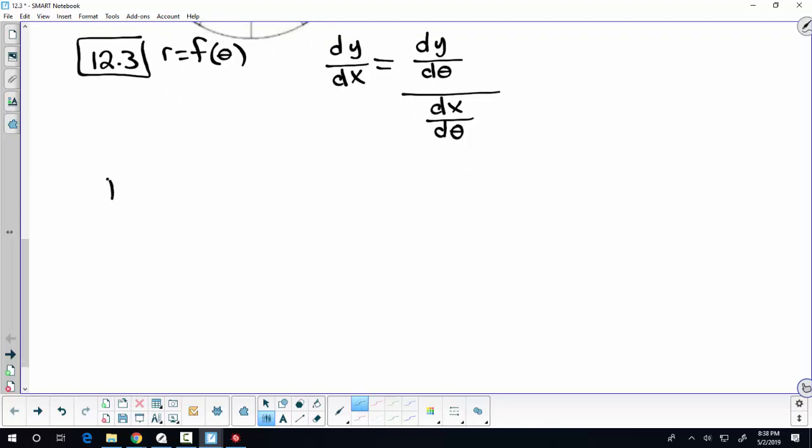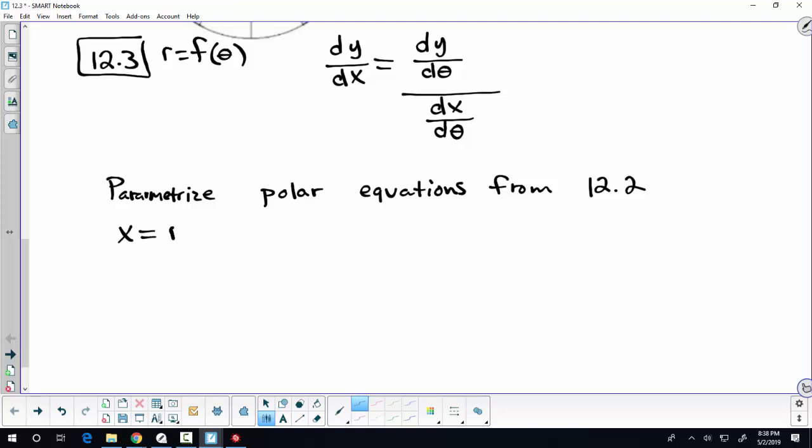So we're going to parameterize the polar equation from 12.2, where we had x equals r cosine theta and y equals r sine theta. So there's x represented in terms of our parameter theta and y as well.